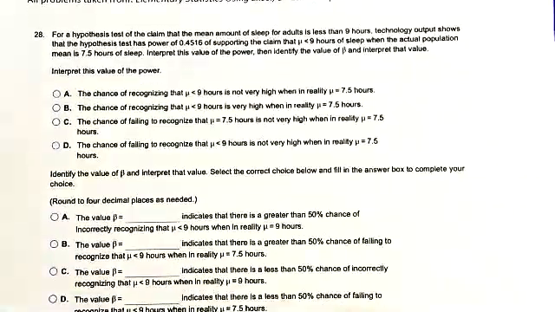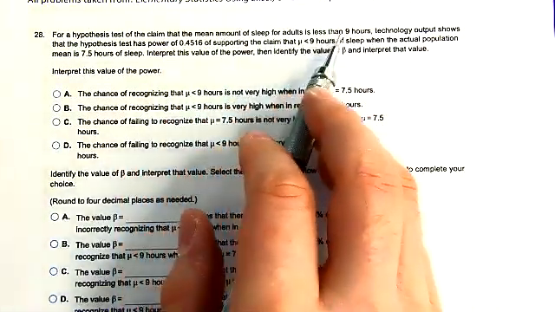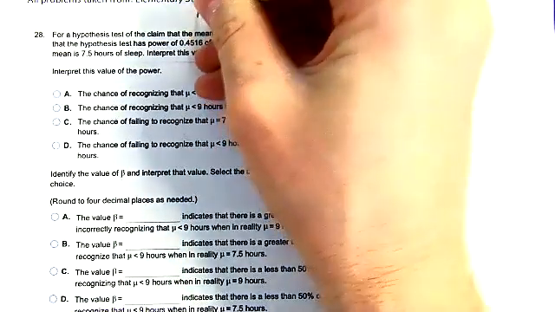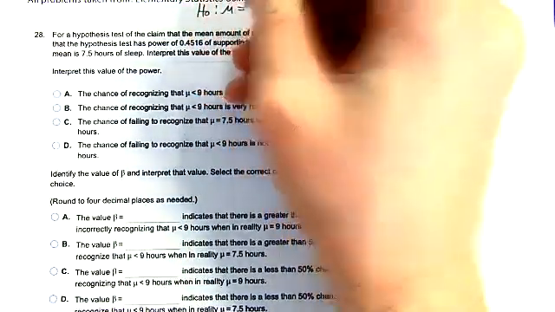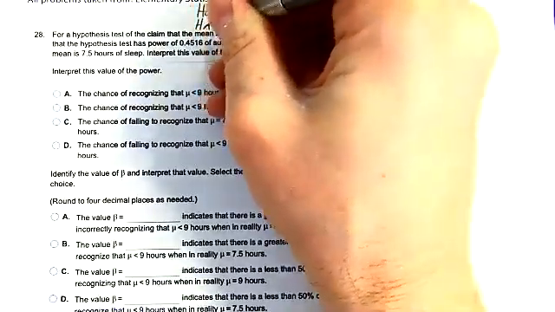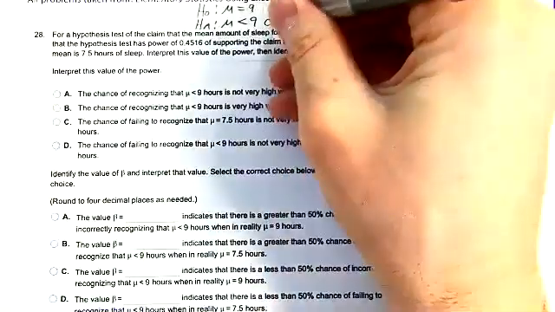28. For a hypothesis test of the claim that the mean amount of sleep for adults is less than 9 hours. So note here, their null would have been that the mean sleep is 9 hours. The alternative is that people on average are getting less than 9 hours. That is their claim.